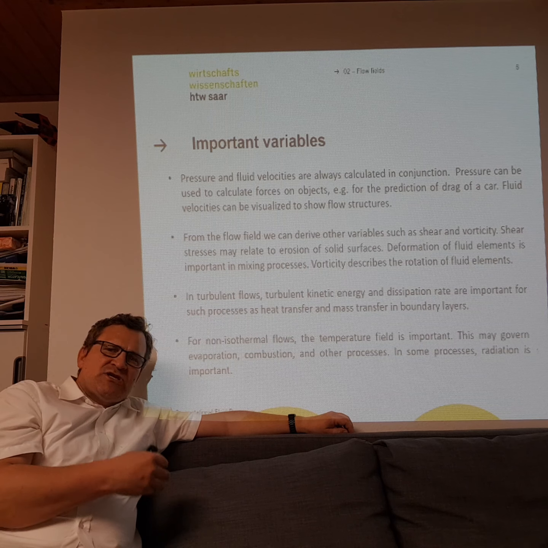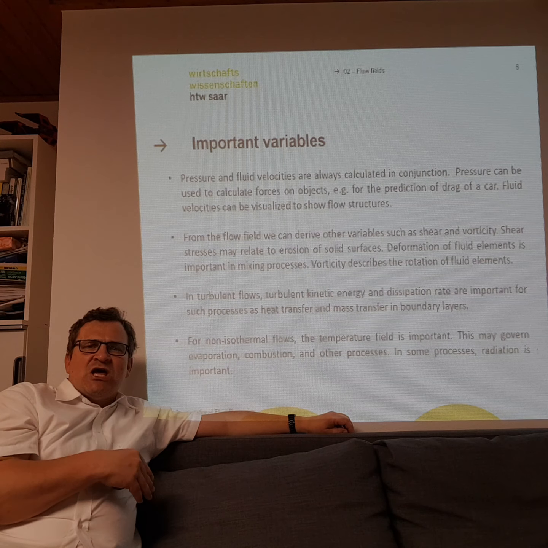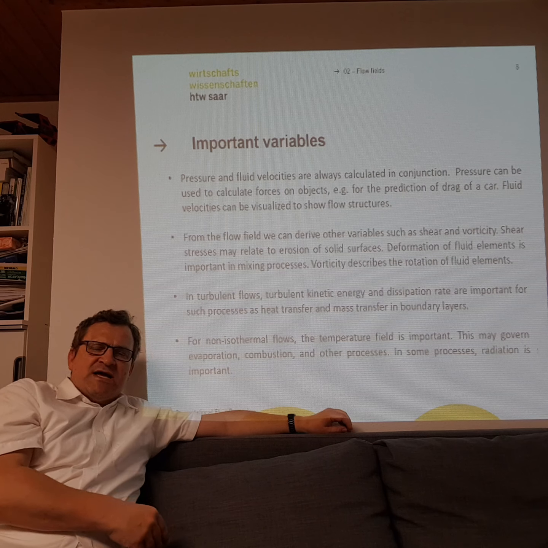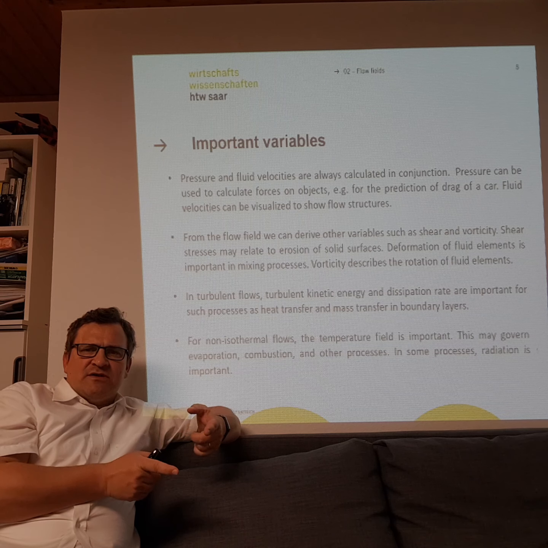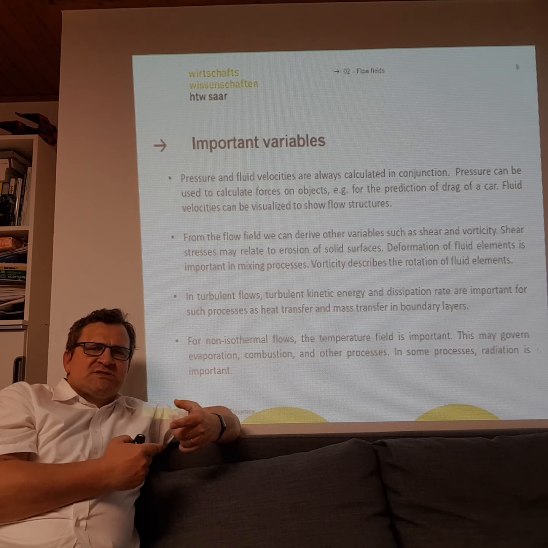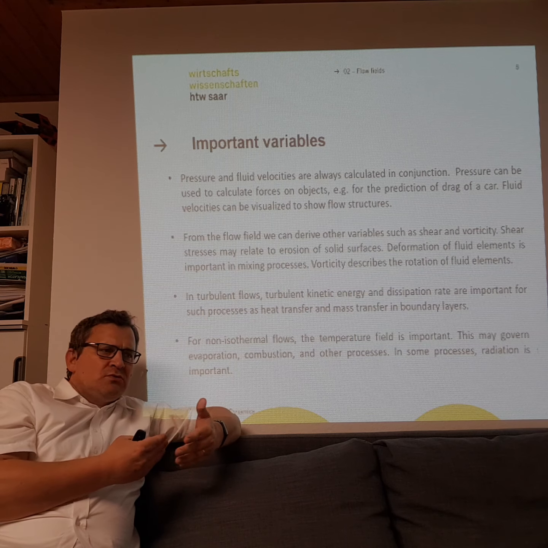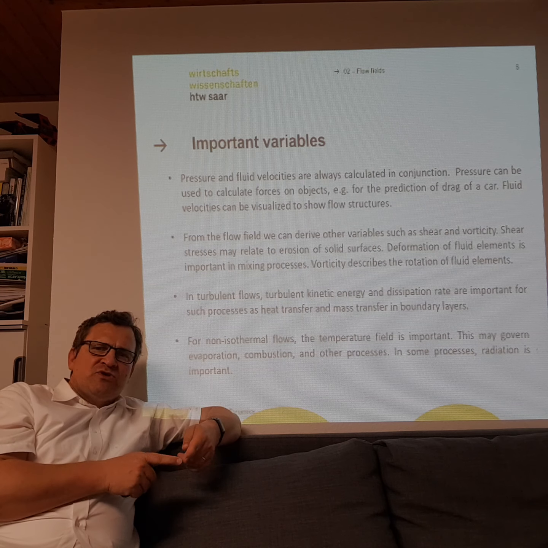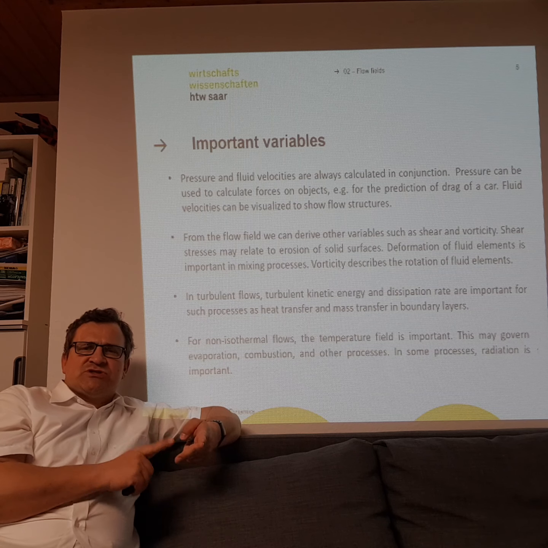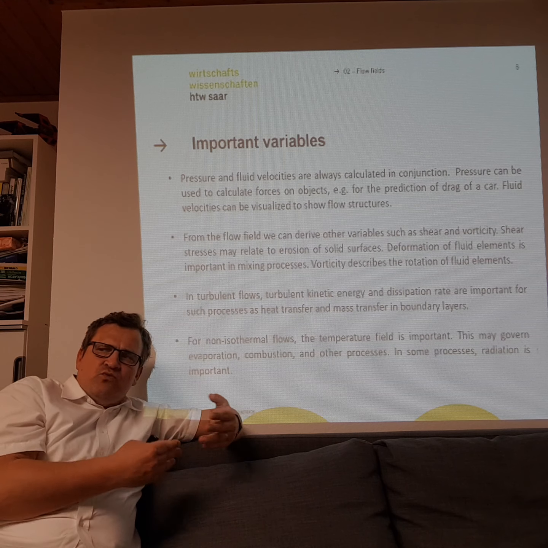But here in this chapter, flow fields, I want to explain what we must visualize, and if we have an isothermal simulation, so no temperature movement, temperature is not so interesting at the beginning, we just look at pressure and we just look at velocity, and we have to visualize them.